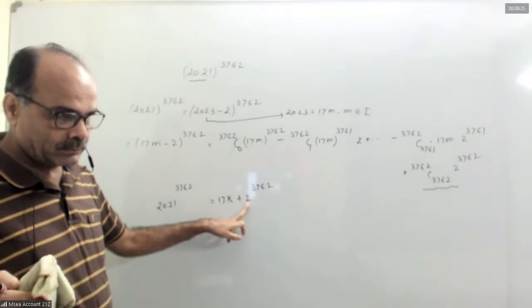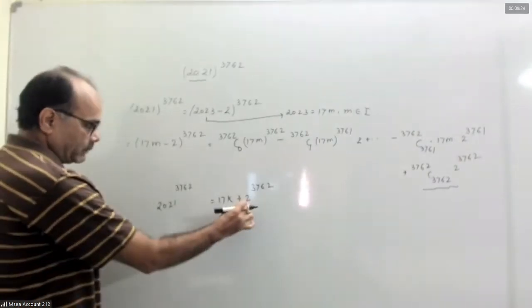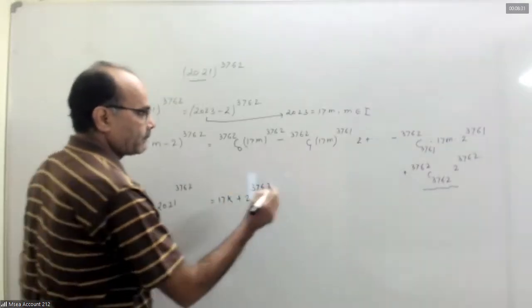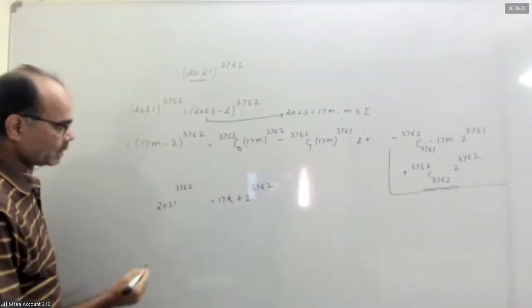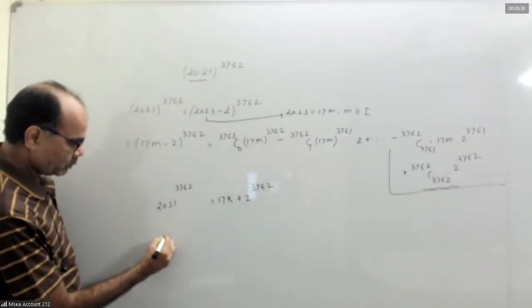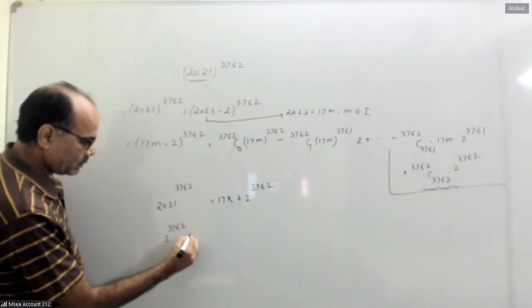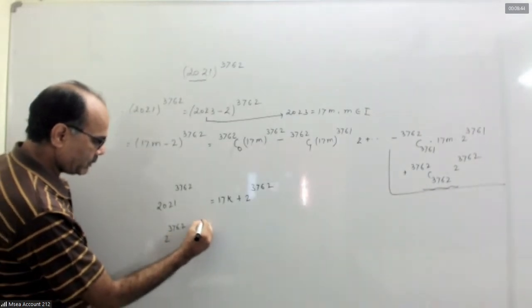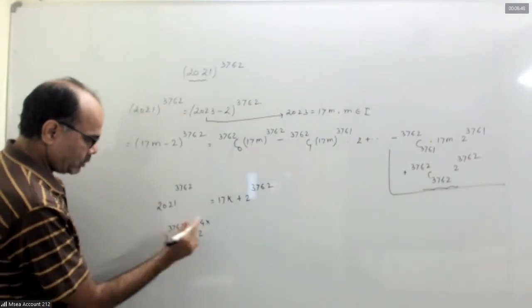Since 16 can be written as 17 minus 1, in terms of 16, let us write it. Two to the power 3762 equals 2 to the power 4 into 940, plus 2.